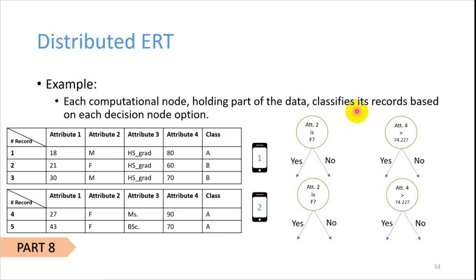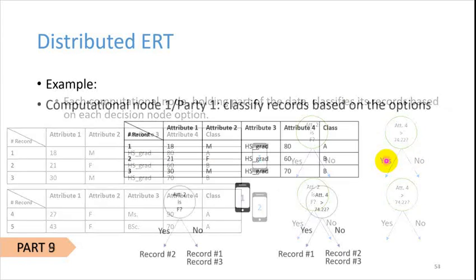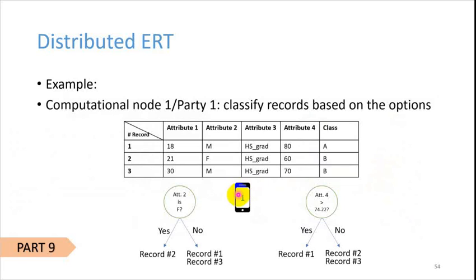After having the decision node options for the root node on every party, we classify the data on every party with each of these options that we have. For instance, for computational node 1, after classification of data records 1, 2, 3 with these 2 options, we would have such results.